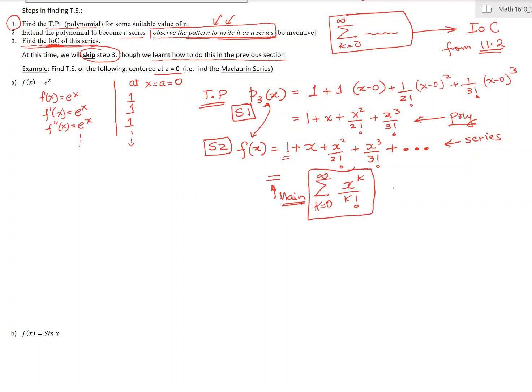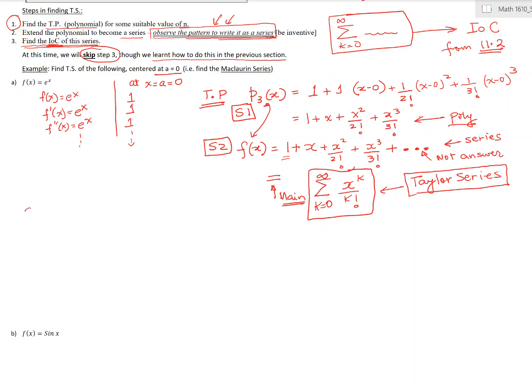So this is the Taylor series, and this is the answer. The previous expansion is not the answer. So let me repeat again, you have to write it as a series. Taylor series is a power series, so you have to write it in a series structure.